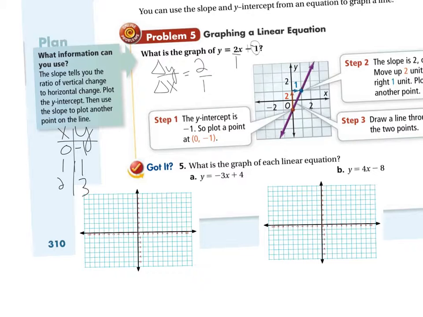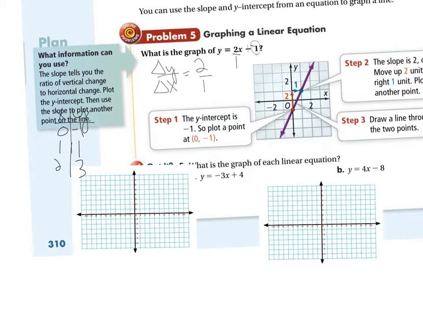Again, one advantage of picking points like that is that you're getting 3 points, and if you can get 3 points to line up, it's a pretty good chance that you've got the correct line. It's a little bit riskier, you could argue, in some ways here, because we only have 2 points. We're picking the y-intercept, and then we're using the slope to find 1 point. So I can get any 2 points to line up. If I can get 3 points to line up, then that's saying something.